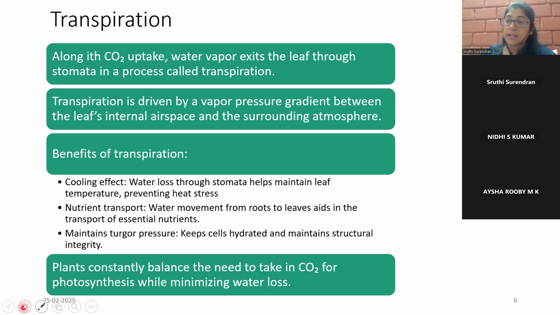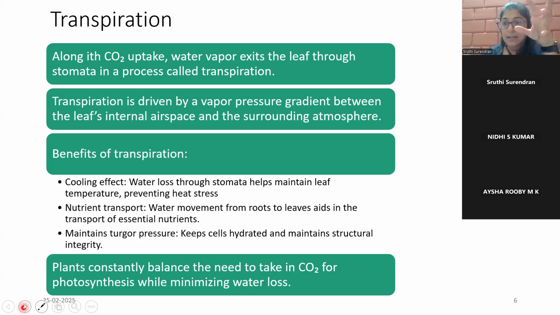Not only that, nutrient transport is happening as a result of water being taken up from the roots to the different parts of the plant, and this process of transpiration is dependent on the vapor pressure deficit, which I'll explain later on. It is a driving force for this transpiration process.